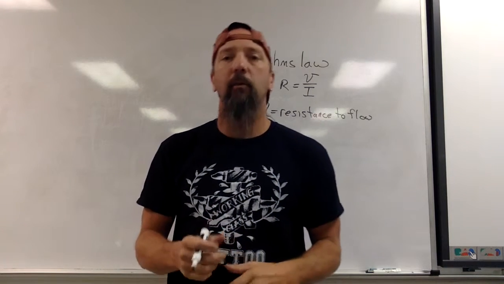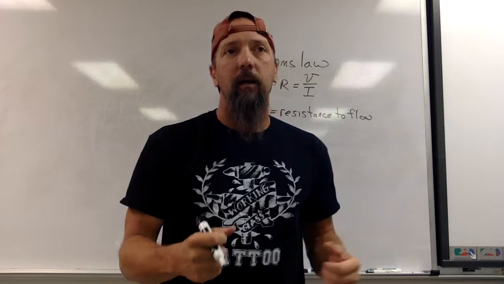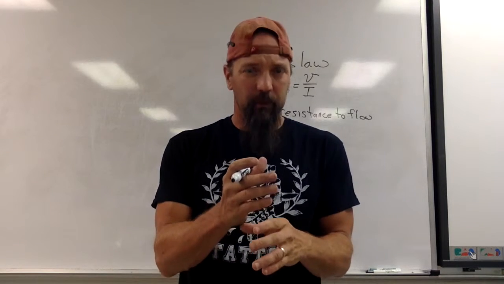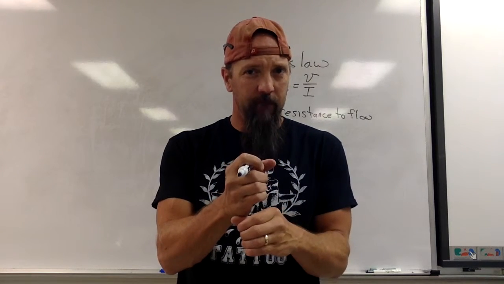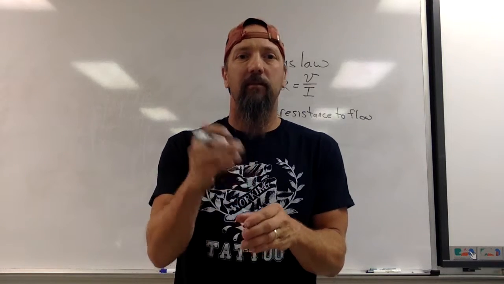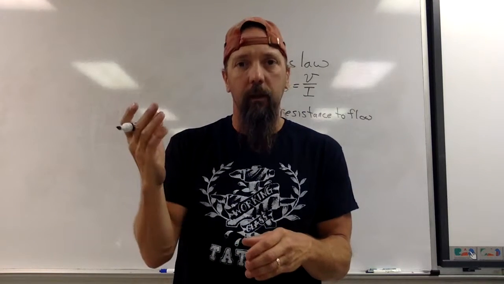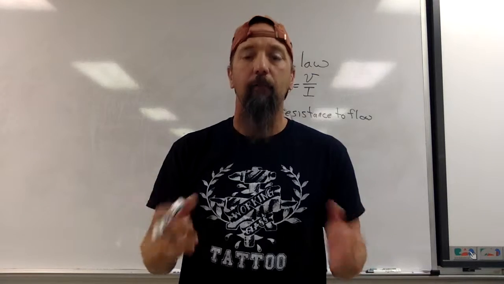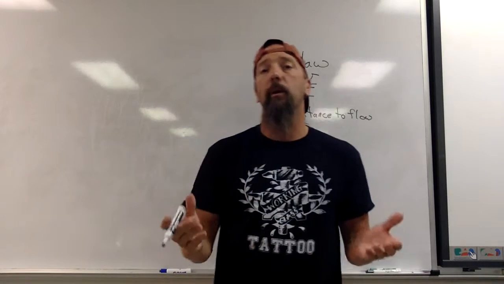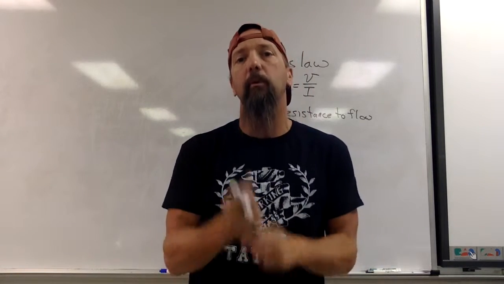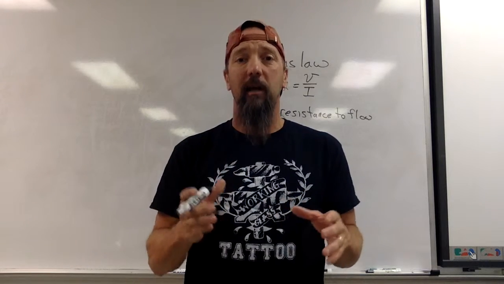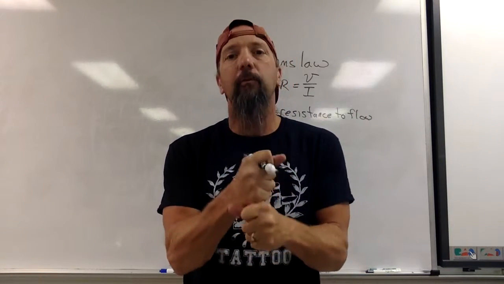So think about it as a rope going through your hands. If you apply a little bit of resistance, like your grip, what you're going to get is the rope going through fairly freely, okay? Won't hurt at all. Now, let's say that you're sliding down a rope and you're going fairly fast, or the rope is being pulled through your hands really fast, and you want to try to stop it. You have to really grip. That's more resistance.